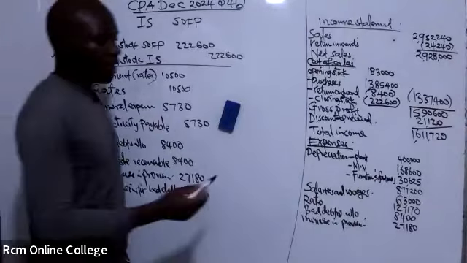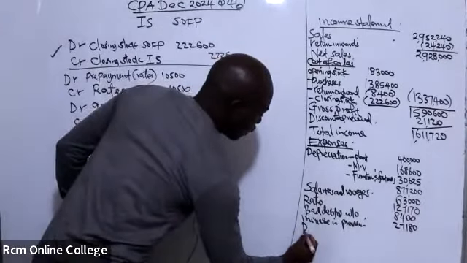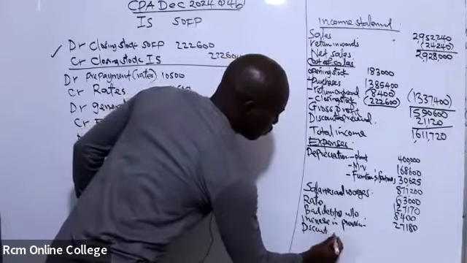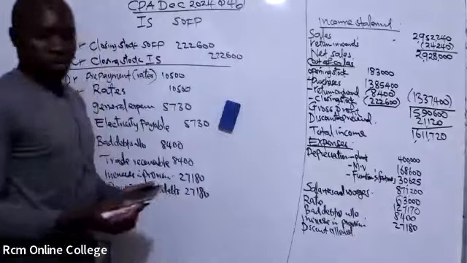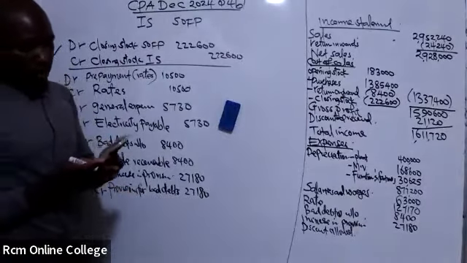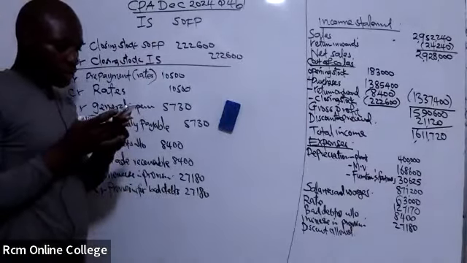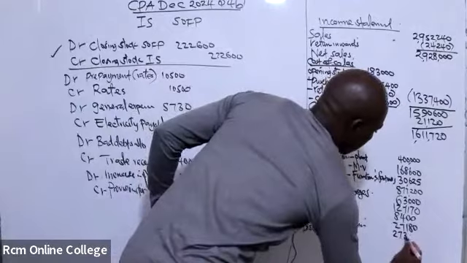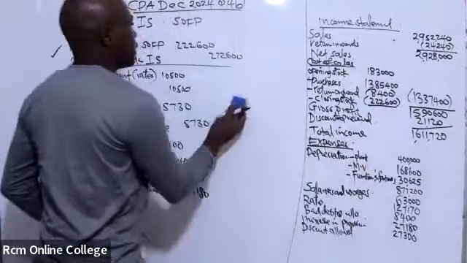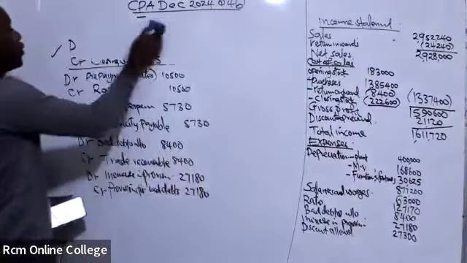Discount allowed is an expense. The company allowed some discounts, 27,300. That is the discount allowed.